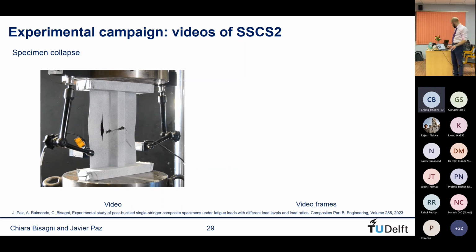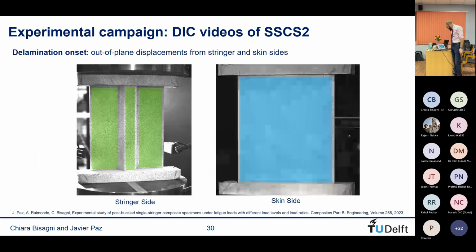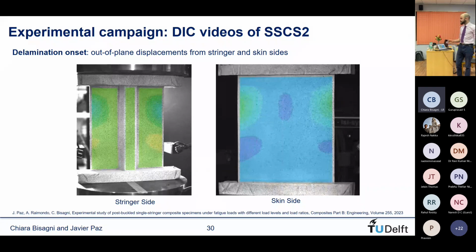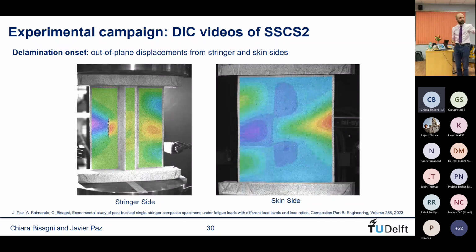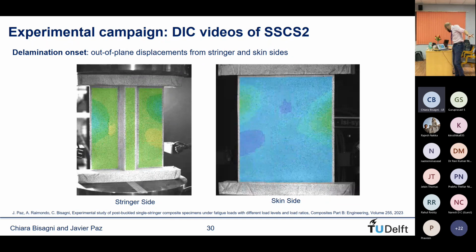So, again. As I mentioned earlier, one of the advantages of using the DIC is that we can see how the specimen behaves and how the out-of-plane displacements develop. So, the plate again, both from the stringer side and the skin side.